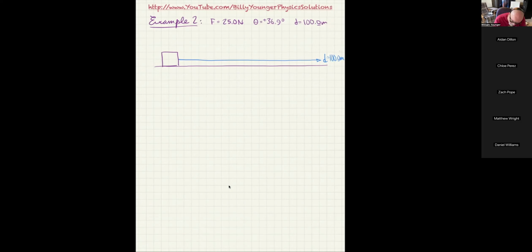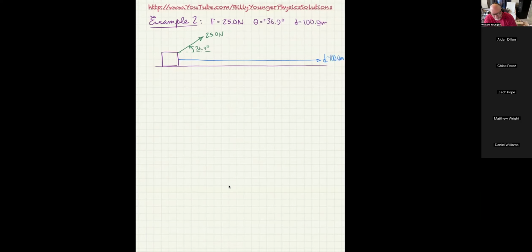Now, we also have a force acting on this box, and that force is 25.0 newtons. And by saying it's a positive 36.9, we're assuming the x-axis points to the right, and we're going to go counterclockwise 36.9 degrees, like that.